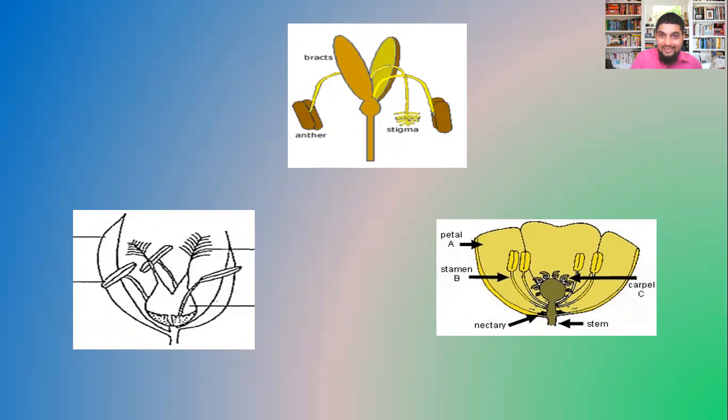As you can see, the anther and the stigma are outside of the main part of the flower. And this is an indication that it is wind pollinated. The next flower, on the bottom right, you can see that the anther and the stigma are inside of the flower, enclosed within the petals.